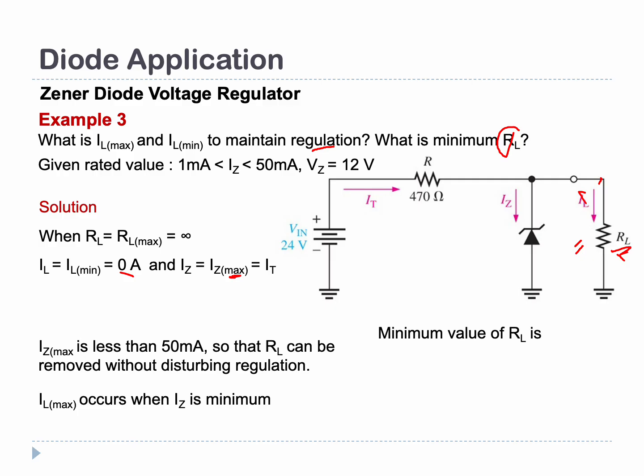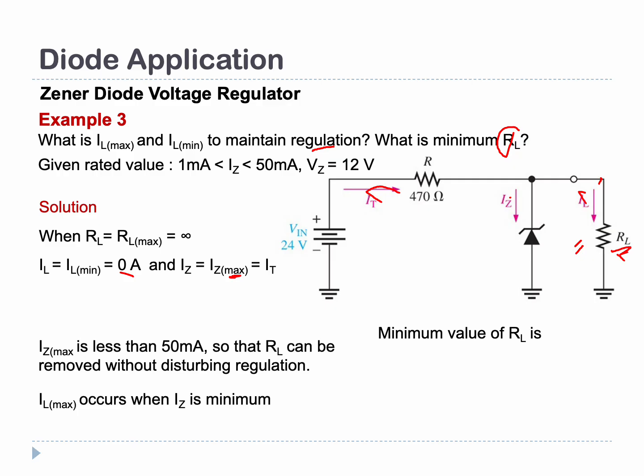Most of the current is going to flow into IZ, so your IZ max equals IT, because no current flows here. When your IZ max is less than 50 milliampere, that RL can be removed without disturbing regulation.